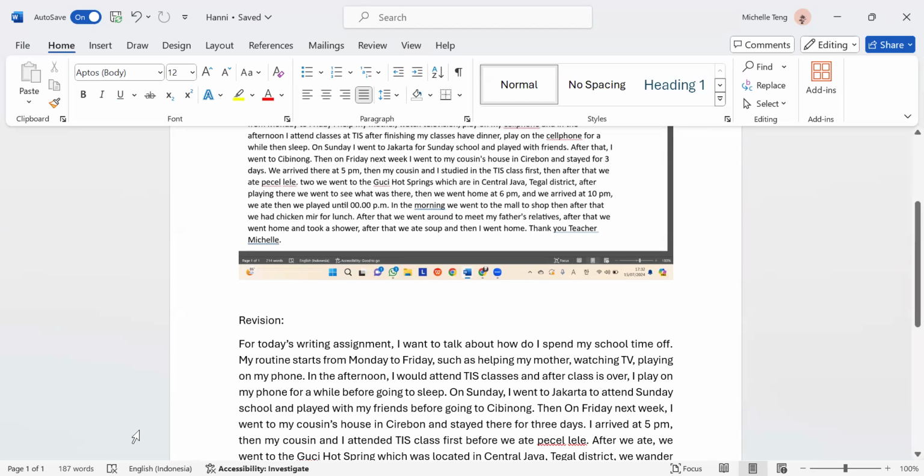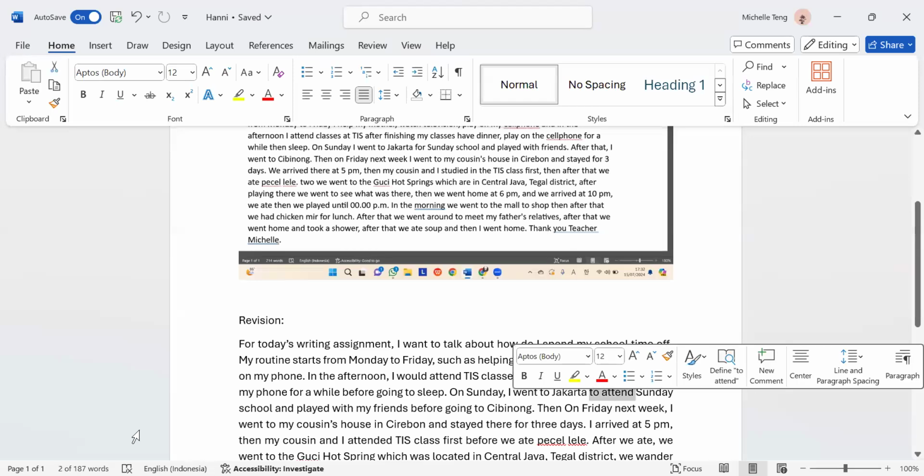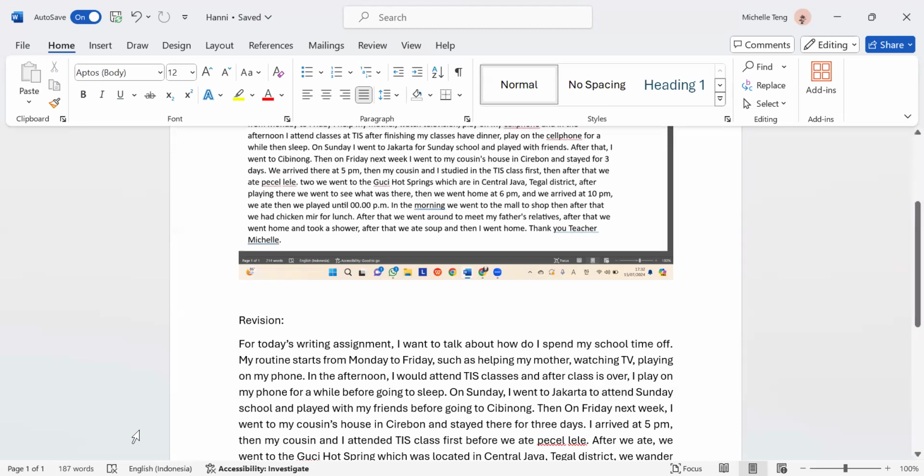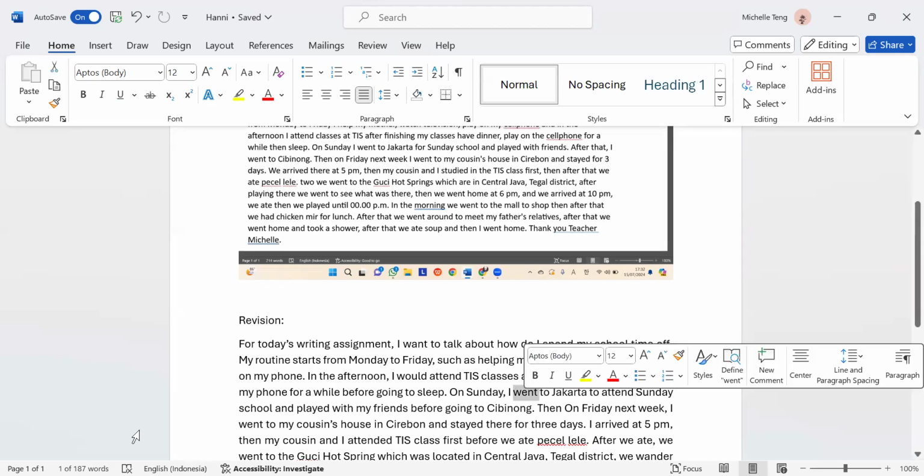Whenever we use this infinitive, it is an infinitive, right? So to attend. It should be in the first form, to attend, not attended, because the verb here, the past tense, is went, not attend.